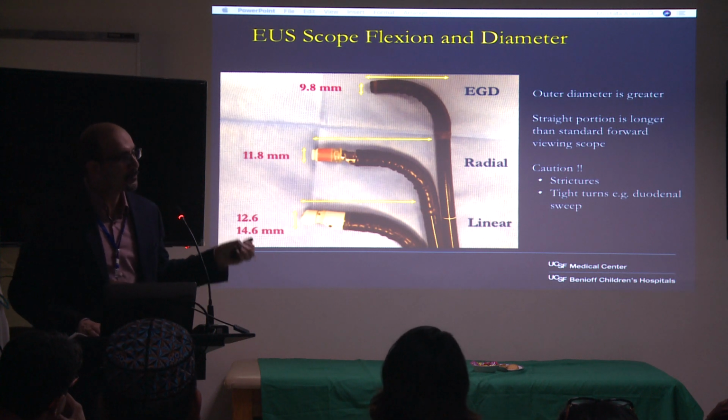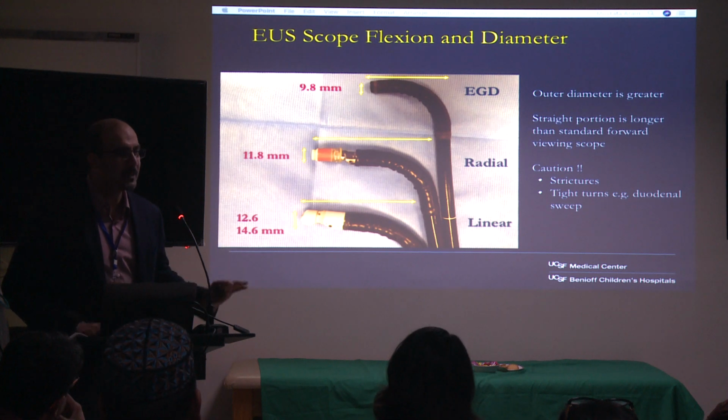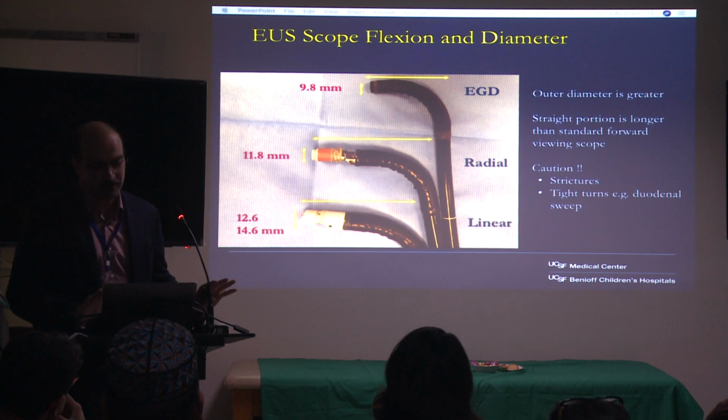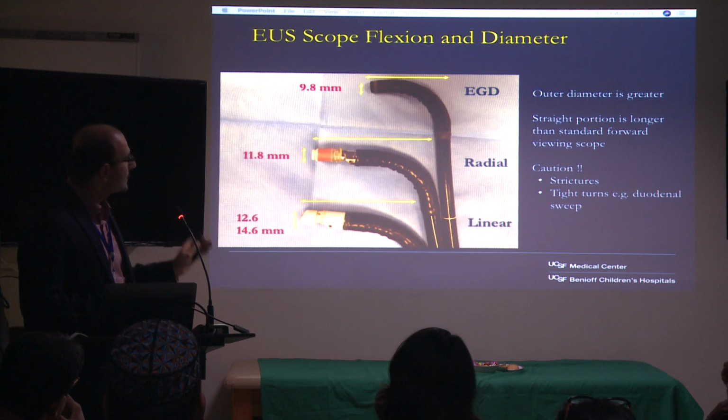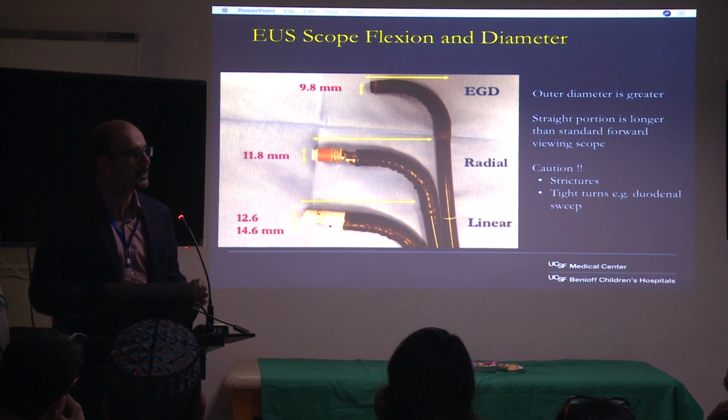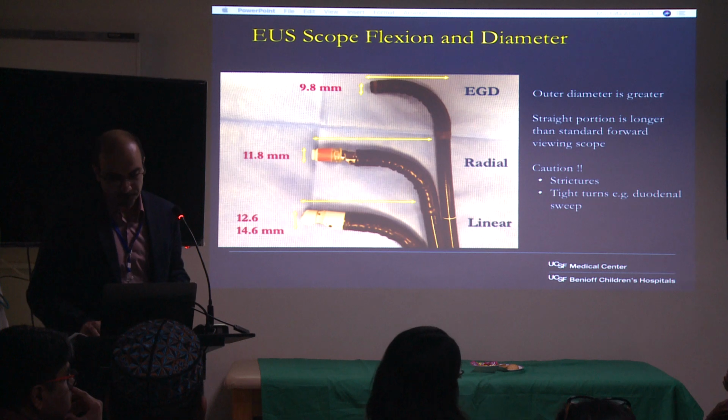So if the scope is not going through, please stop. That's the one message with these scopes. This is not your head-on view. Even with the radial, it's not a head-on view. You have distance. So if you're getting resistance, stop, pull out, put in an EGD scope, and then go from there.